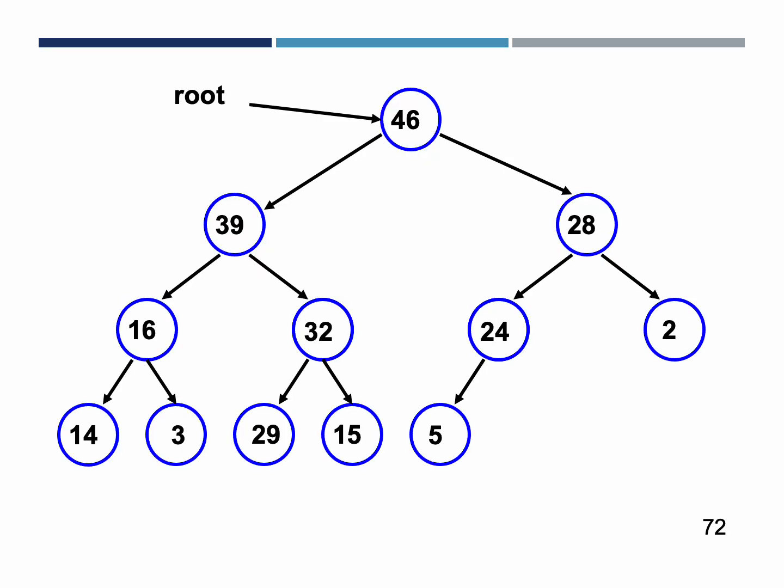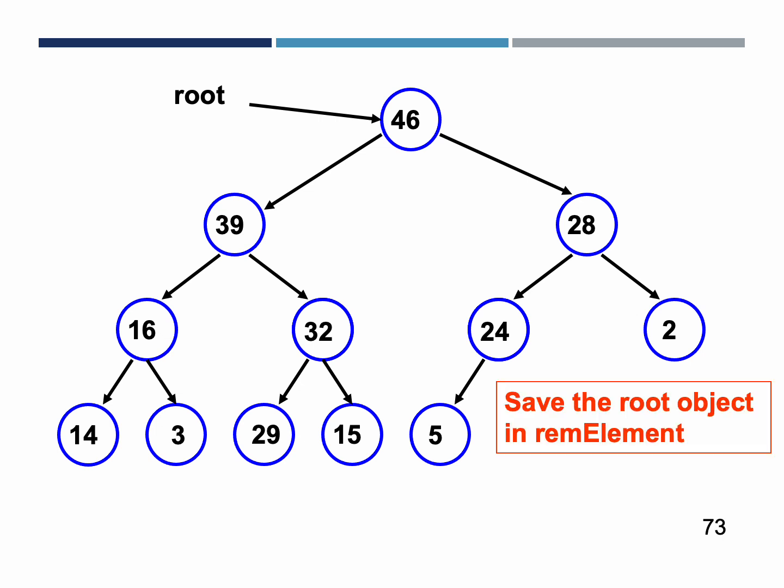Okay, here is an example of dequeue. This is a complete binary tree. Now we'll save the root object in rem element, so we are assuming that rem element is equal to 46.